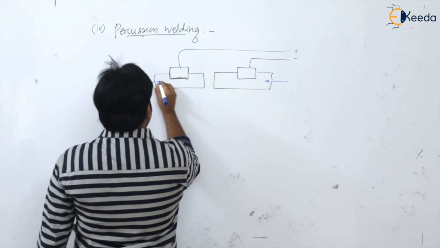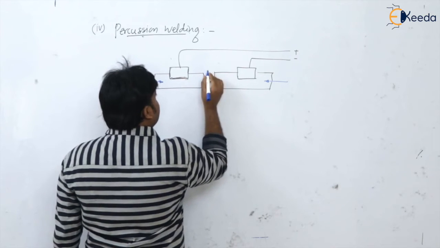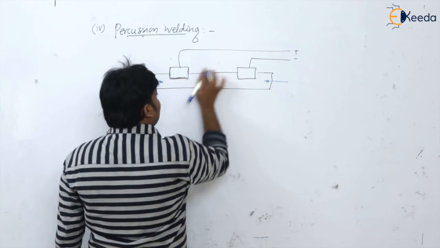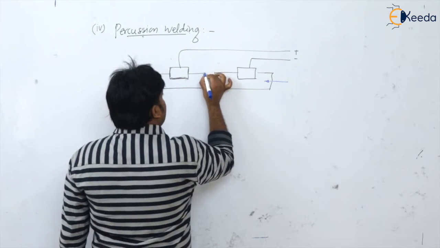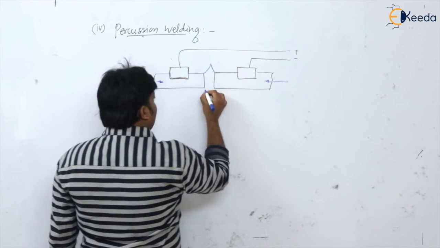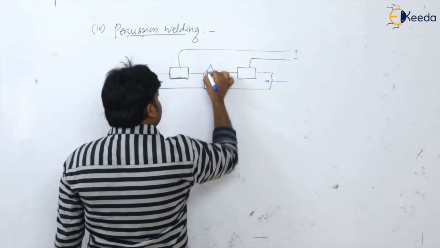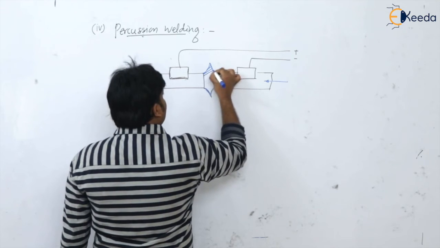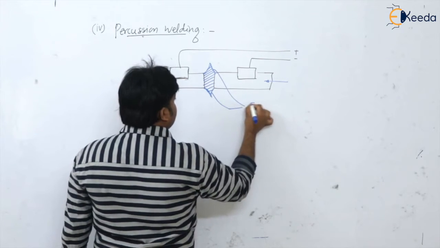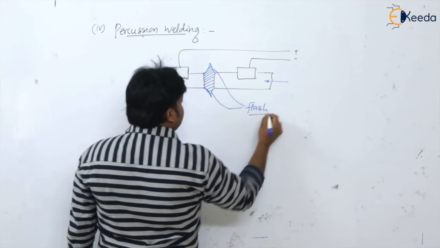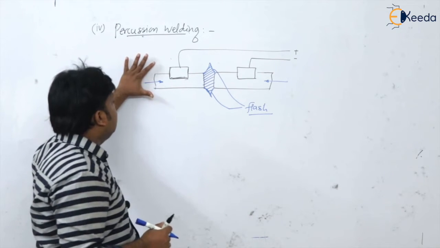What happens is that the plates stick to each other and the joint forms at these edges. At the same time, because the material is just below solidus, the flash comes out during joint formation. This is the flash that can be trimmed out afterwards. So this is percussion welding.